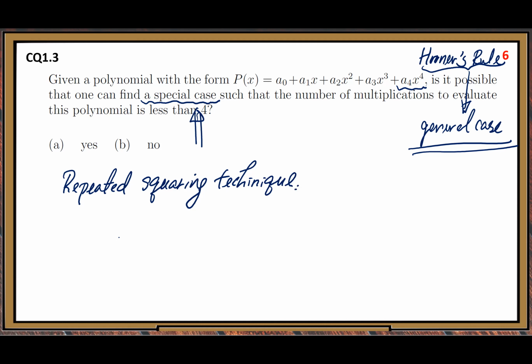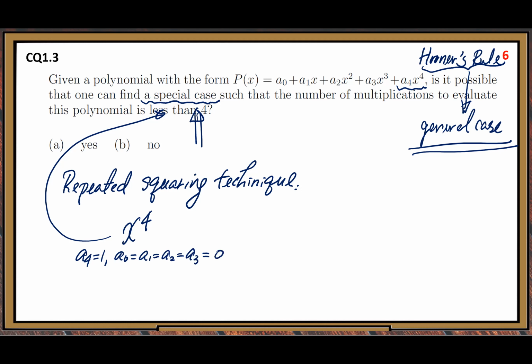By that, think about the monomial x to the 4th. Is it a special case? x0, x1, x2, x3 are all 0, and x4 equals 1. That's a special case.